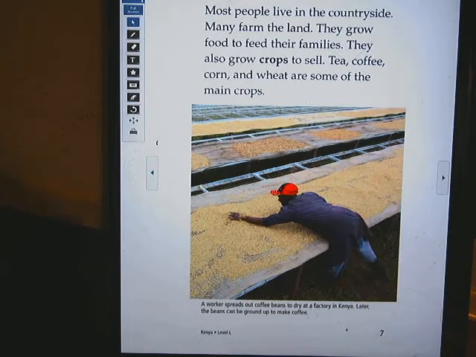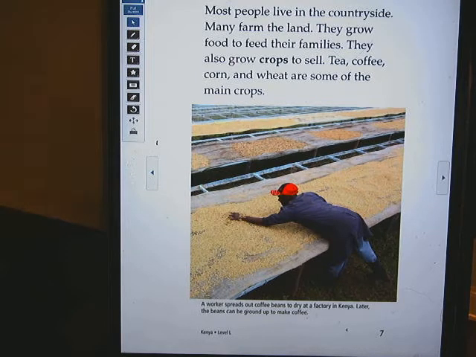All right, and what we've just learned about the people of Kenya, they grow their own food. So they're growing it for their families instead of going to the supermarket like we do, the grocery store to get food. They actually grow their own. They also are farmers of crops. So yesterday we learned about that word.